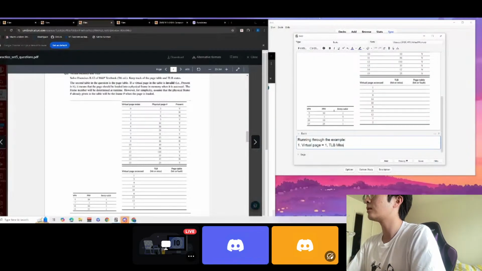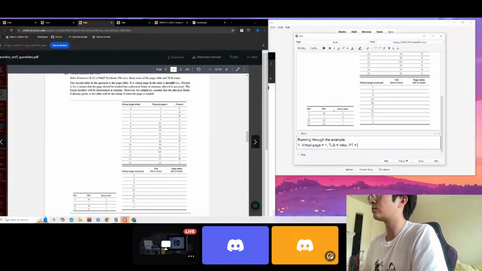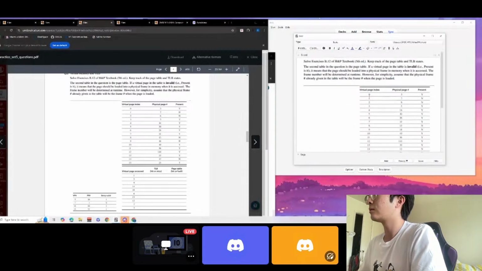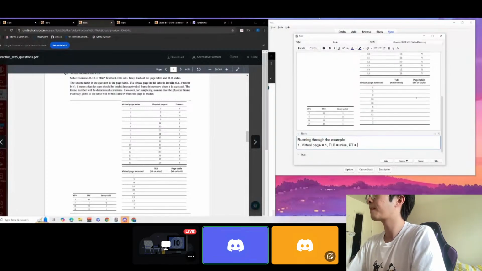TLB miss, and page table is equal to miss, fault.